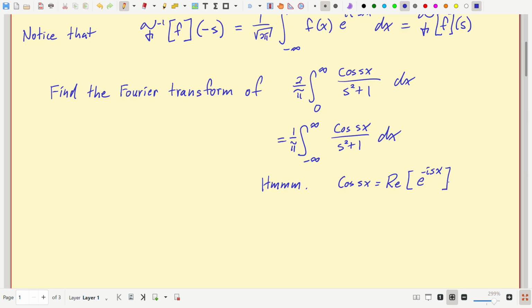The sine part would be cosine sx plus i times sine of minus sx, which is minus sine of sx, and sine of sx is an odd function.